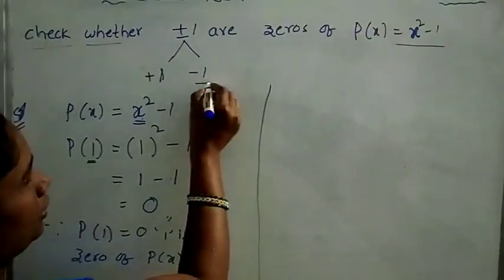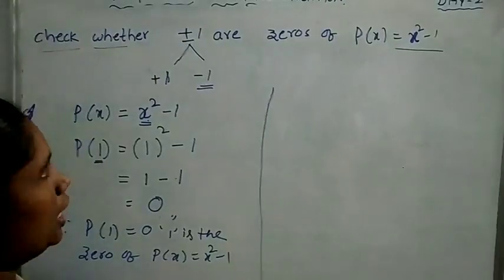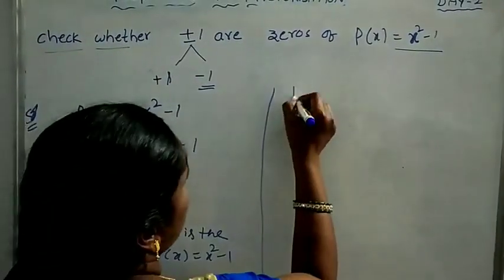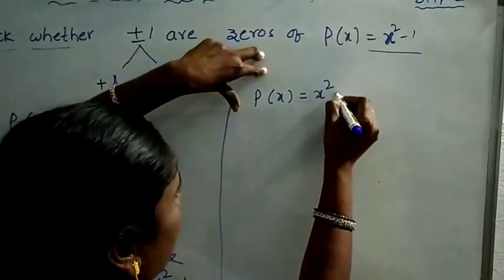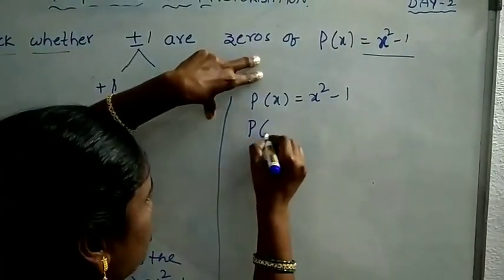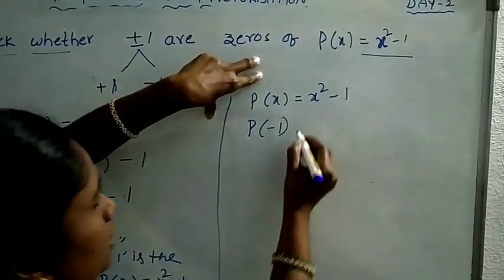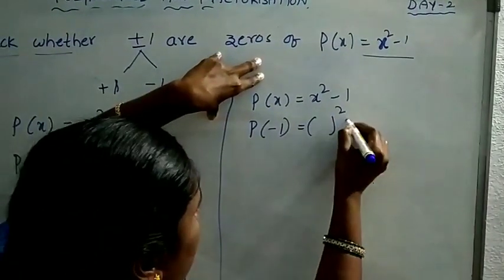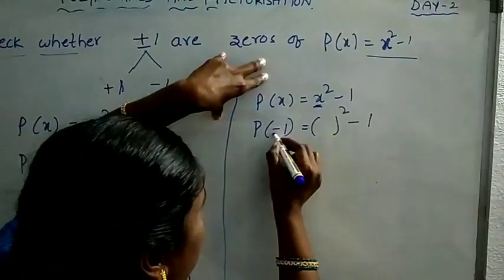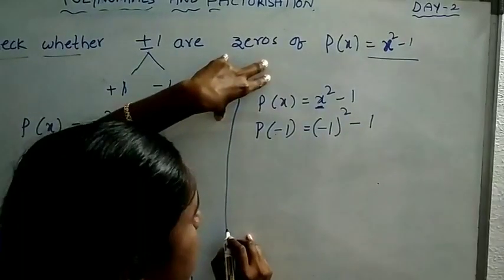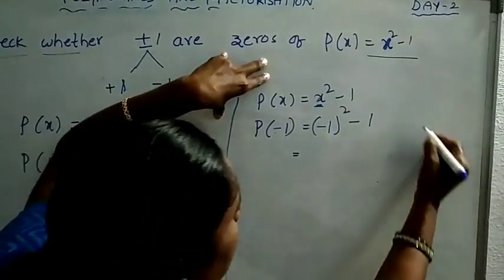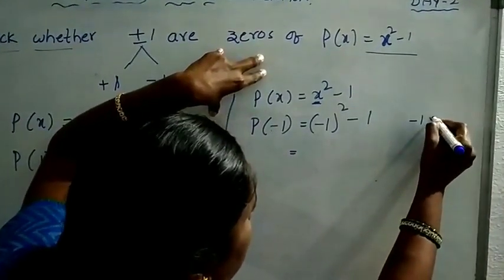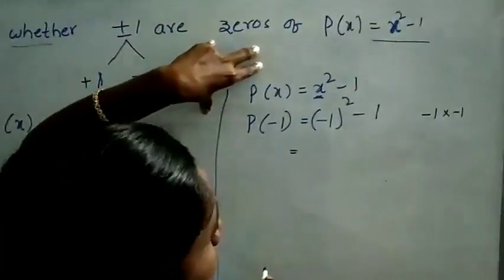Okay, children. Now we will check whether minus 1 is 0 or not. So here also p of x is equal to x square minus 1. We have to check for minus 1. So in x square minus 1, in place of x we have to write minus 1. So minus 1 square means minus 1 should be written 2 times and multiplied.